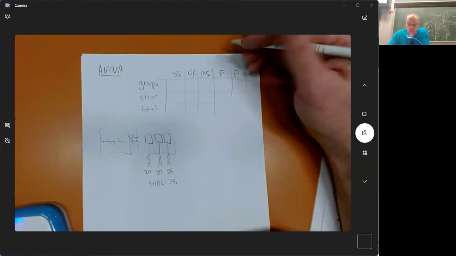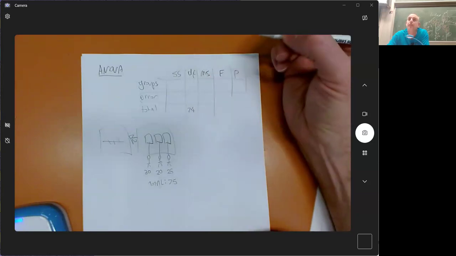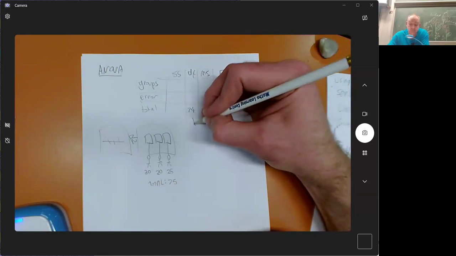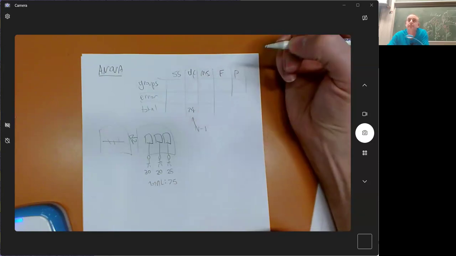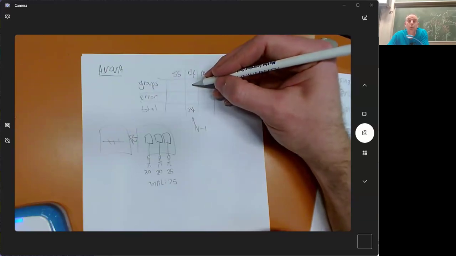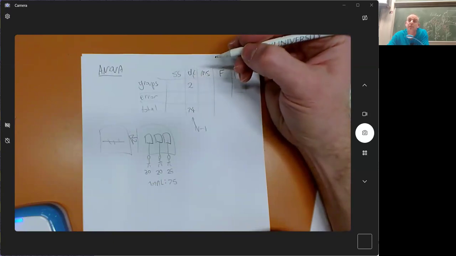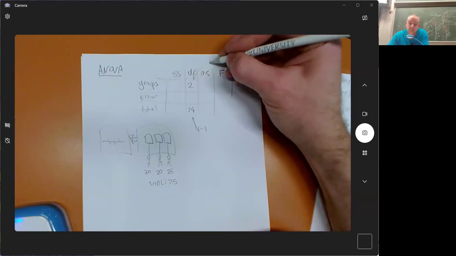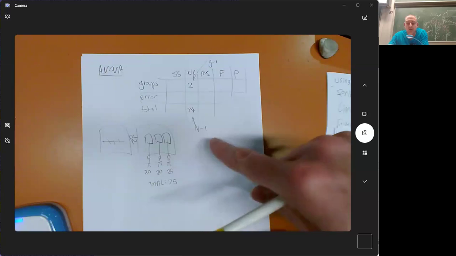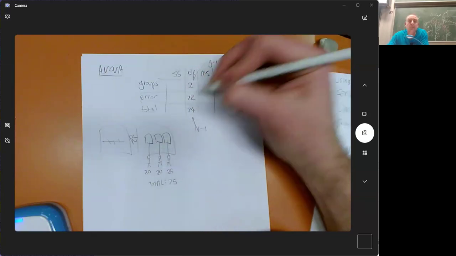What'll end up in this spot will be 74. It will be the grand total n minus 1. And this here will be 2, which is the number of groups minus 1. There's 3 groups. And this here will be whatever's left between these. This will be 72.